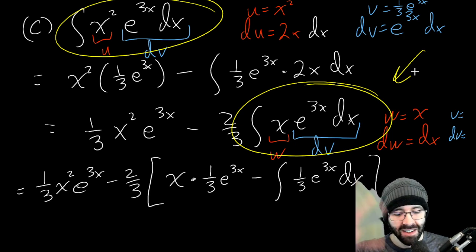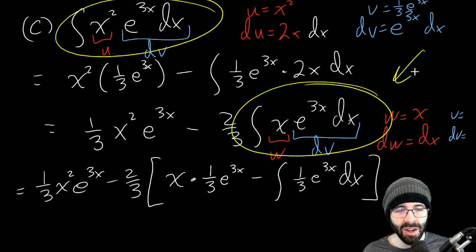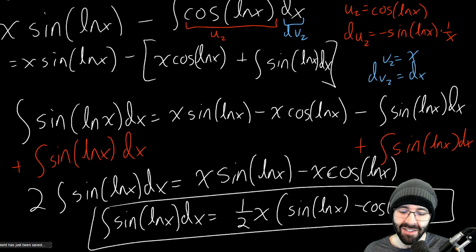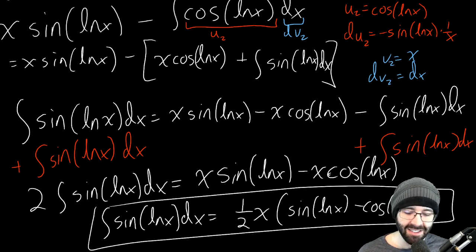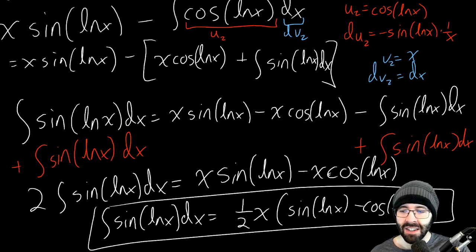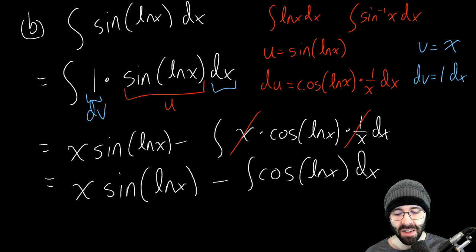It won't help you. If you choose the second one wrong in something like this, you could also get back to where you started, and then it'd be bad. But sometimes it's good. And if it's good, it'll look like this. So watch out for it. It can pop up.